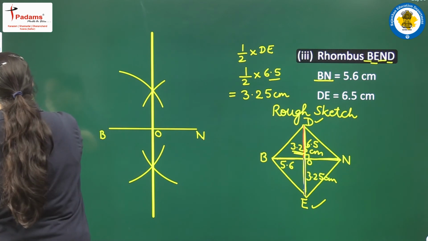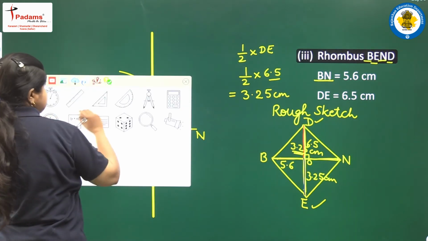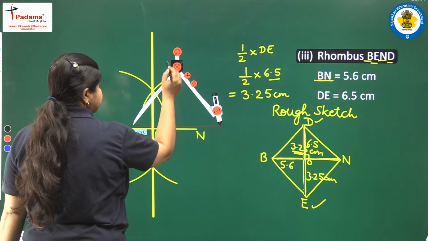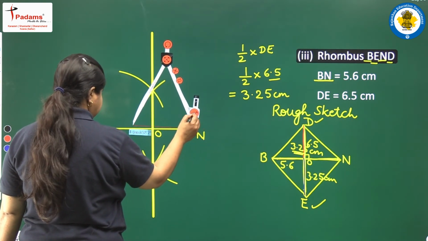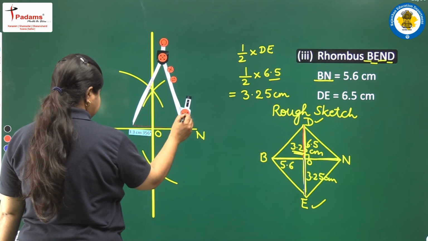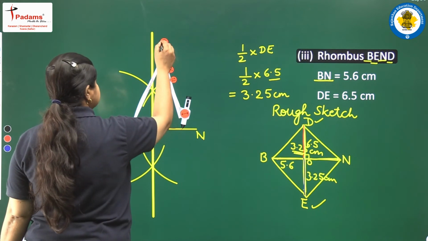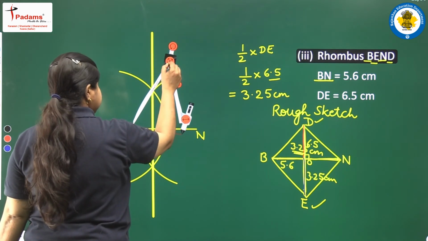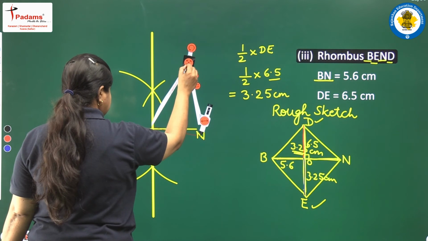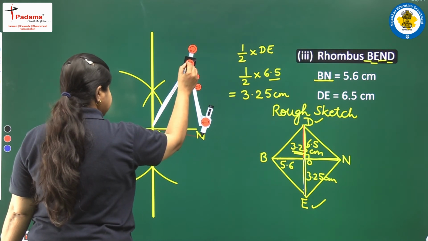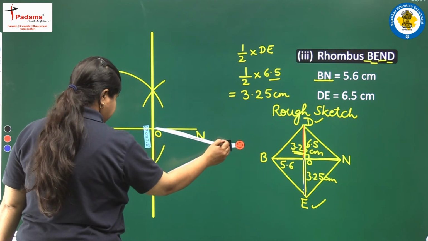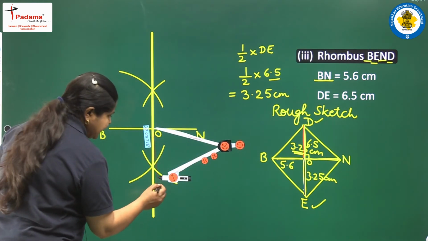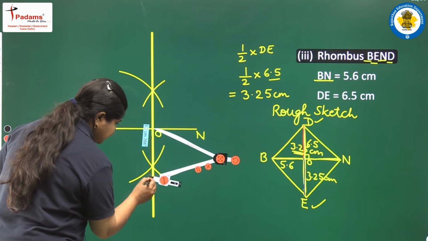Let us do it. Take the compass once again. First we mark the radius 3.25. This is somewhat 3.25. We will keep the center at O, and now we will take it at the bottom first, below BN, and draw this arc.